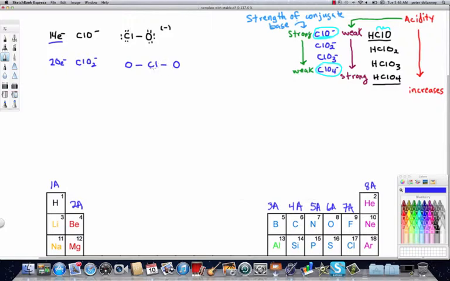Now, in the interest of efficiency, this molecule is actually going to have at least one double bond in it, and so I'm going to go ahead and put it in. You can use formal charge to confirm what I'm doing. We're also going to have two unshared pairs of electrons on the Cl. And then to finish up, we're going to have 3 unshared pairs on this left oxygen.